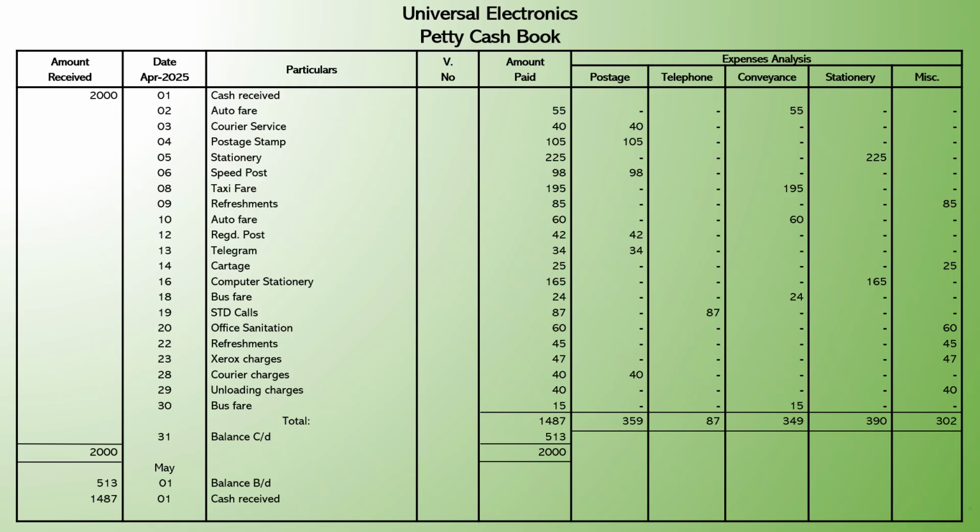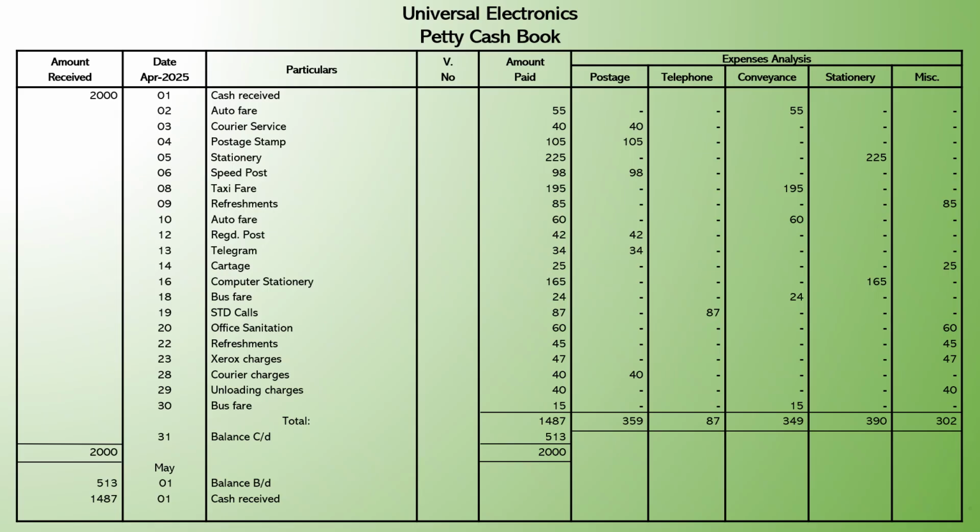April 4, postage stamps ₹105, enter as payment and also under postage. April 5, stationery ₹225, enter as payment and also under stationery. April 6, speed post ₹98, enter as payment and also under postage.